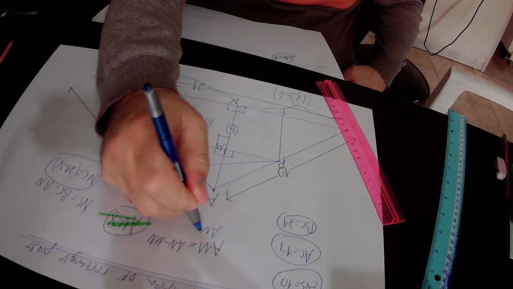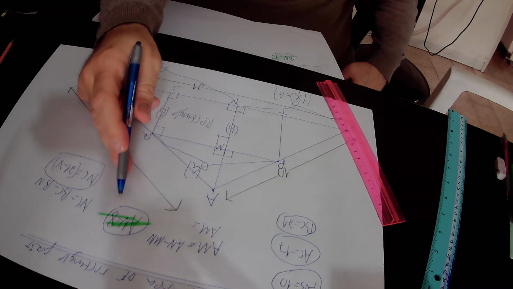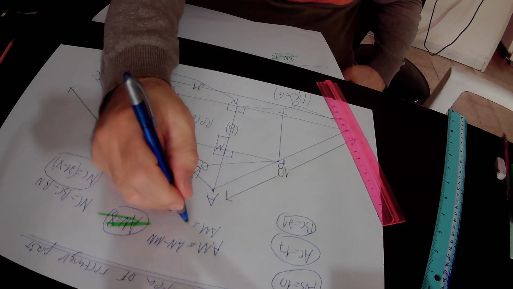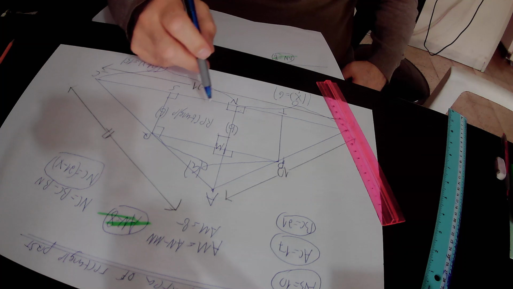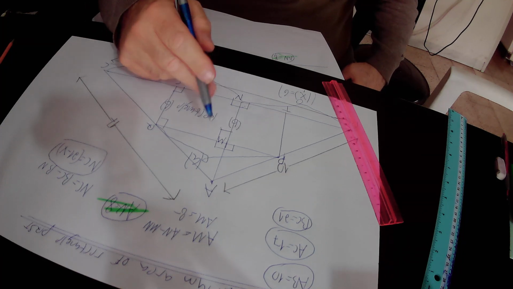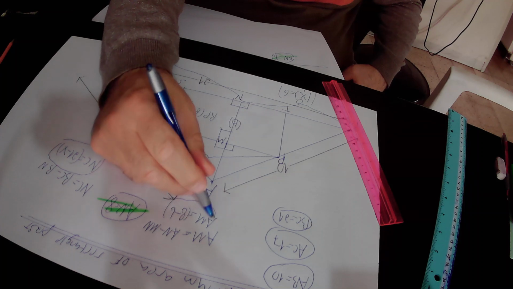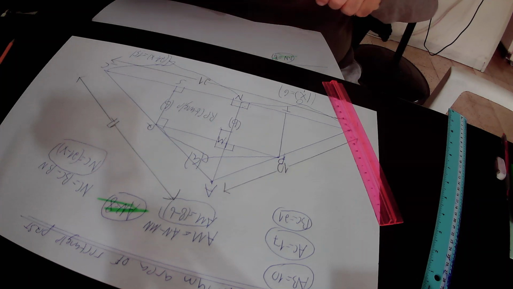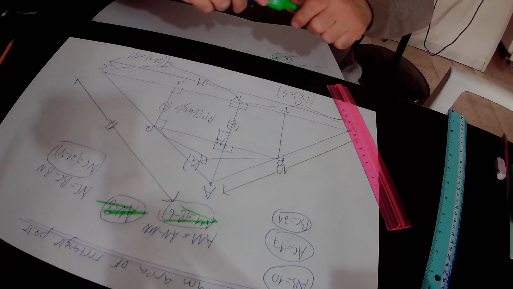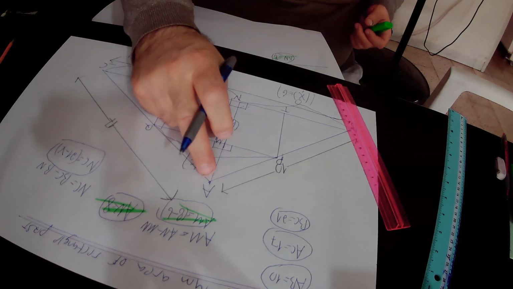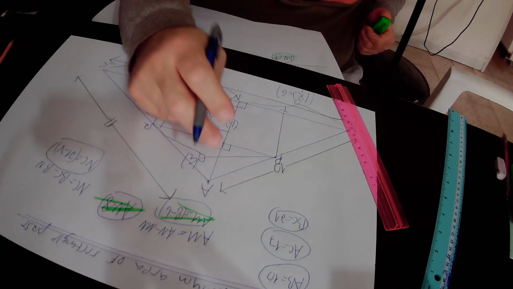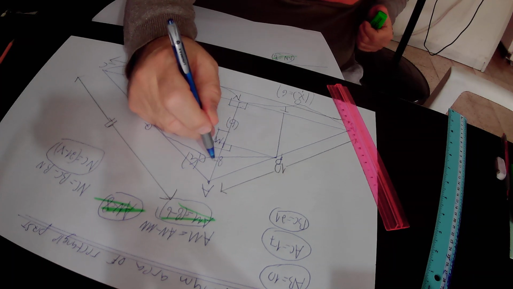So AM equals AN, that is 8, minus MN, that is B. So in total, AM equals 8 minus B. AM equals 8 minus B. So I write it down here: AM equals 8 minus B.